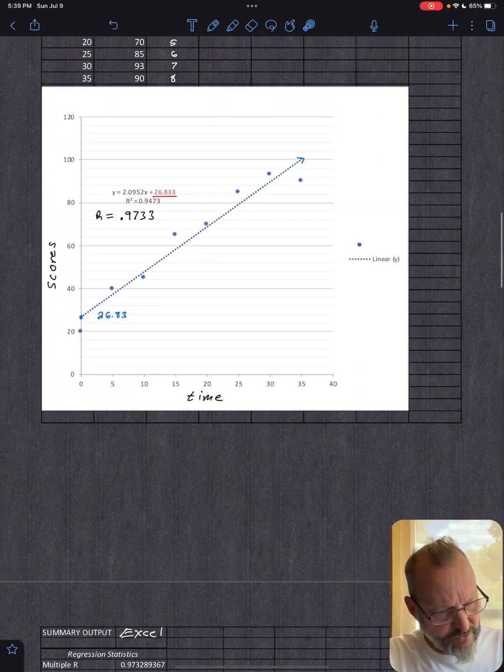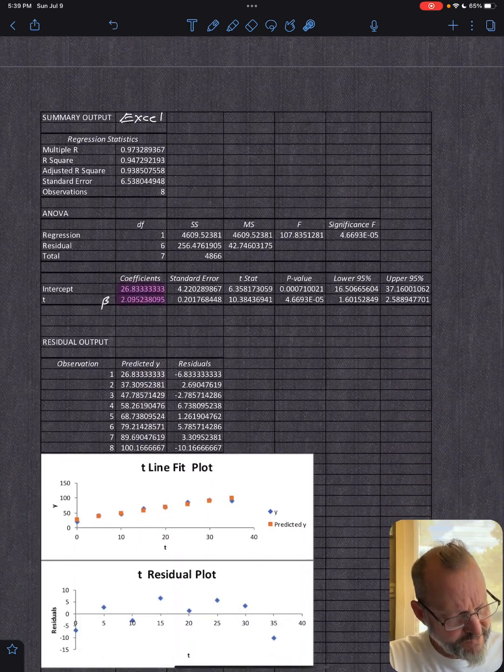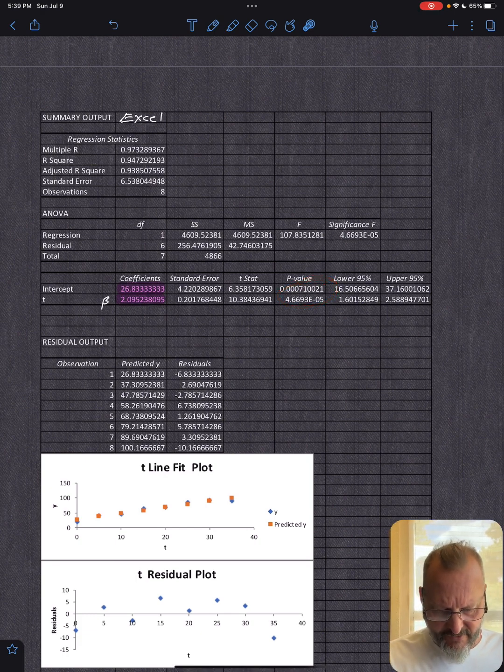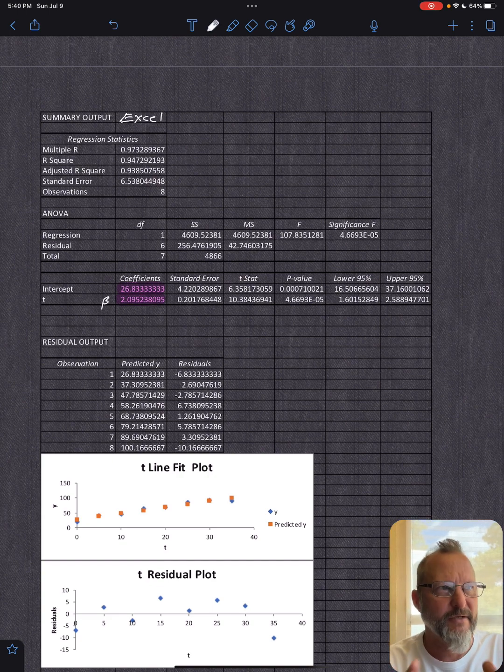Okay, so that's your coefficient of X, or T in that case. Then you have standard error. So here's your t-test statistic. Those are very large, but it actually gives you the output. So here's your p-values. And you can see that those p-values are quite small. And we knew it had to be close to linear. I mean, I made it up and it looked perfect.